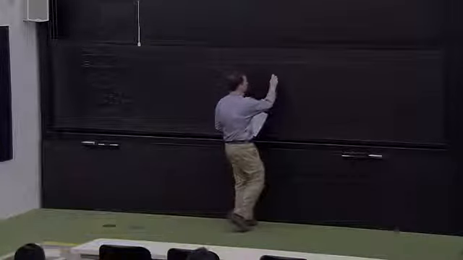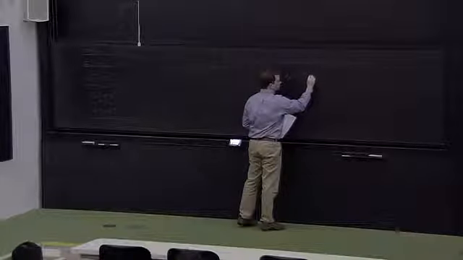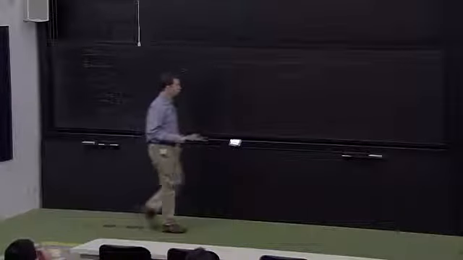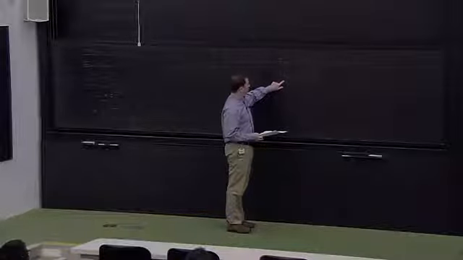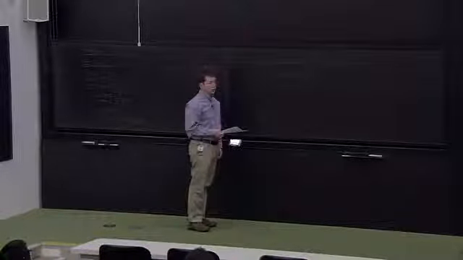Now, you might expect that tells us that A should be order 1 over R squared, since F is related to derivatives of A. But A is a gauge field. So all we really need to impose is that A should go like 1 over R squared plus some gauge transformation, or it should be a gauge transformation of a field configuration that is 1 over R squared. So we can add a term here, U dU inverse.